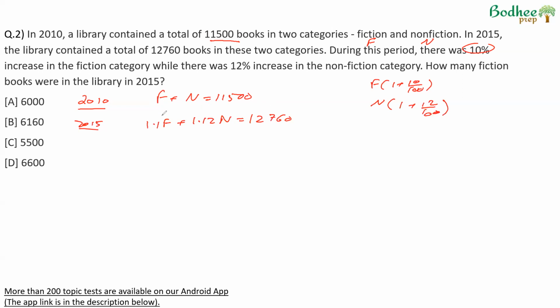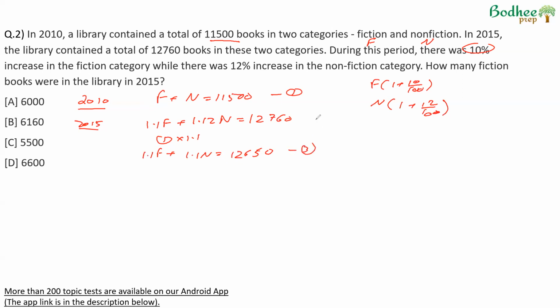For me, multiplying by 1.1 is easy. So suppose this is equation 1. I multiply equation 1 by 1.1. So that gives me 1.1F plus 1.1N is equal to, decimal goes away, 12650, 1.1 into 11500.